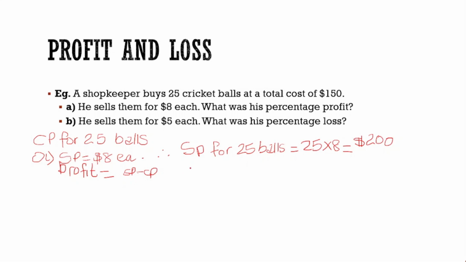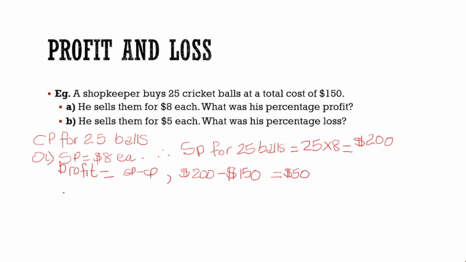And in our case, the selling price was $200 minus the cost price, which was $150. And this is equal to $50. So when he sold each ball at $8 each, he made a profit of $50.